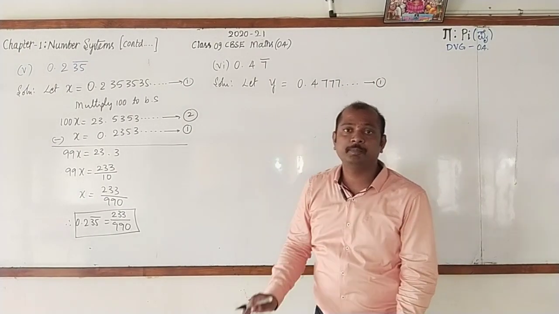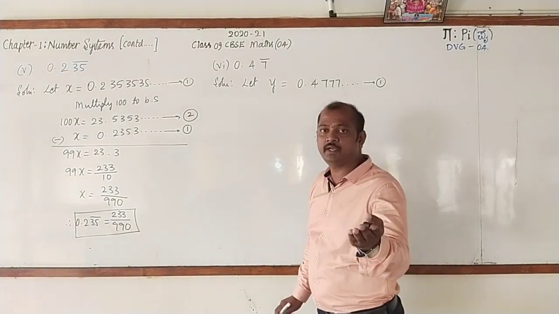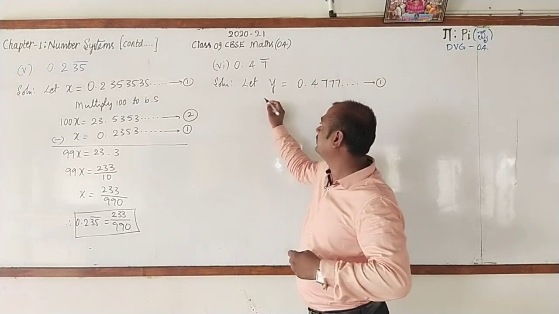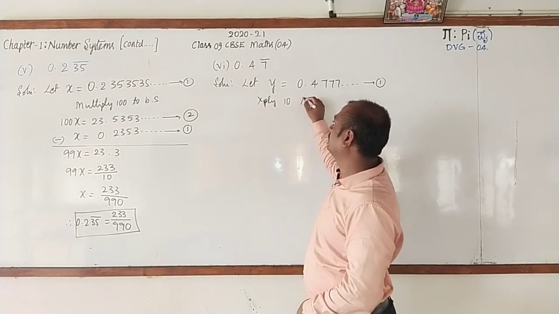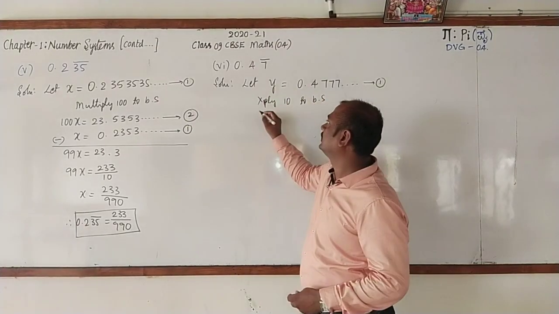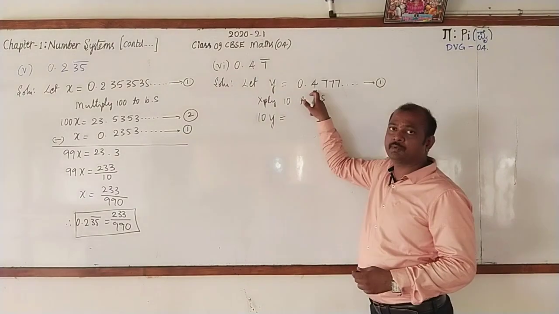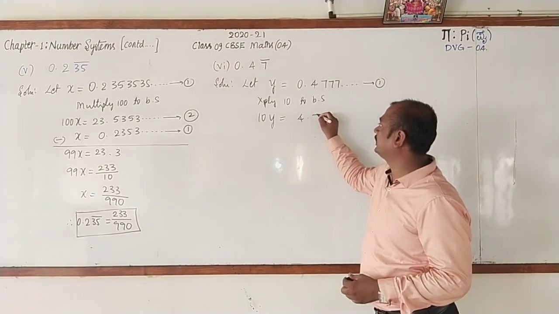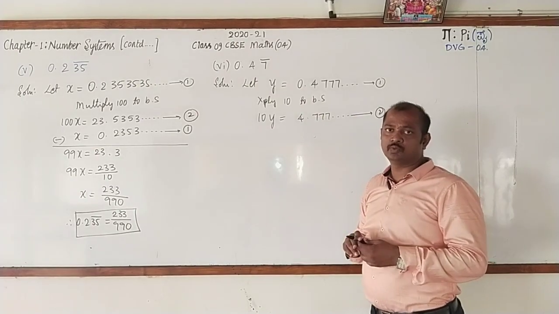How many digits are repeated? Only one digit is repeated. What should be multiplied? Yes, 10 should be multiplied. Multiply 10 to both the sides. Next, it will be 10y. On multiplying by 10, it becomes 4.7777 and so on. Call it equation 2.